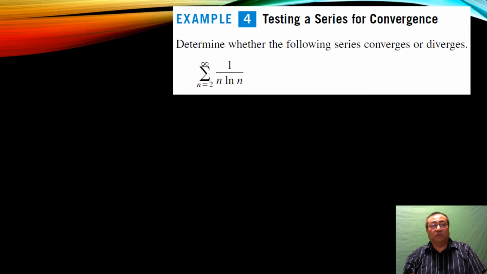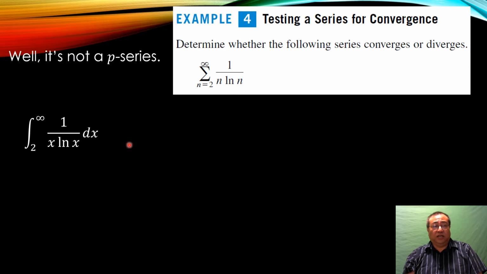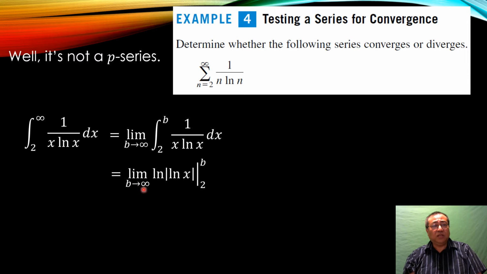Let's look at another example. Well, this is not a p-series. This is not n with an exponent. This has a log in it, so this is not a p-series. So the other test in this section is the integral test. I rewrite it as a function, and this actually should look familiar to you. We've done this integral several times. It comes out to be natural log of x.